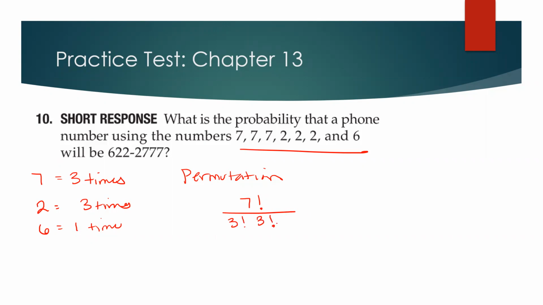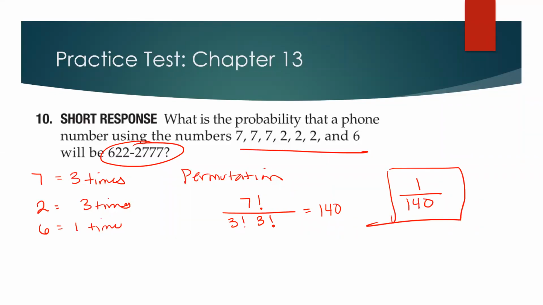We wouldn't do times 1 factorial because that would just be 1. So if you type that into your calculator, 7 factorial divided by 3 factorial times 3 factorial, you end up with 140. There's 140 possibilities, but to get this specific number, there's only 1. So the probability would be 1 out of 140.